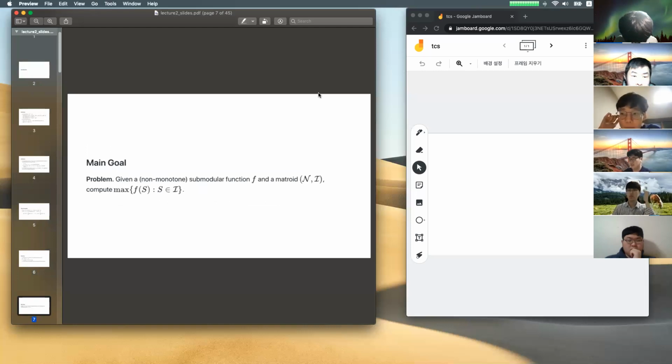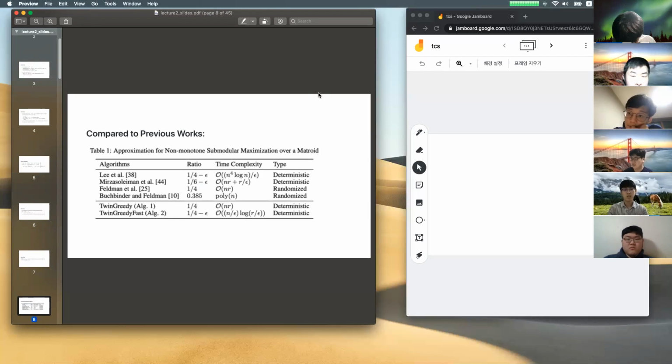The problem this paper wants to solve is: given a non-negative submodular function, which can also be non-monotone, and a matroid, we want to compute the maximum value of the function among independent sets.